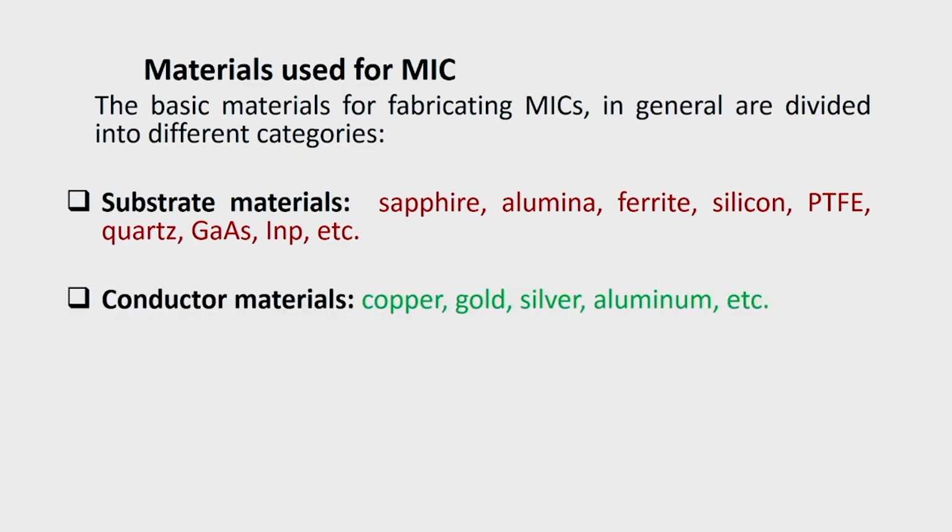Then conductor material, because we need to do a lot of metallization, and conductor materials are copper, gold, silver, aluminum, etc. Then we need to deposit dielectric films, SiO and SiO2, silicon dioxide.